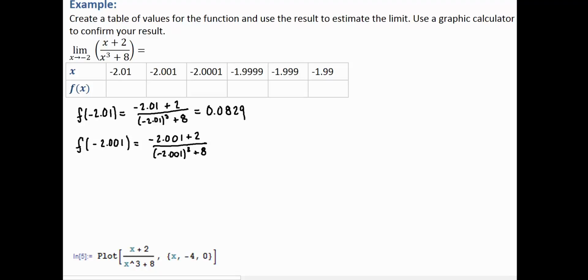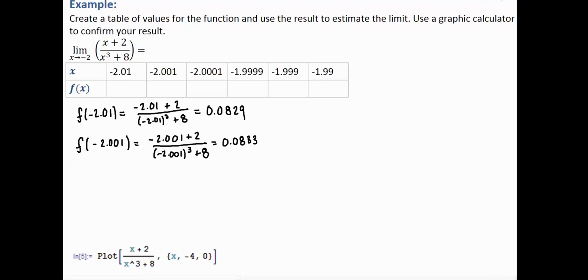Let me rewrite that cubed, then it'll look nicer. And that gives us 0.0833.